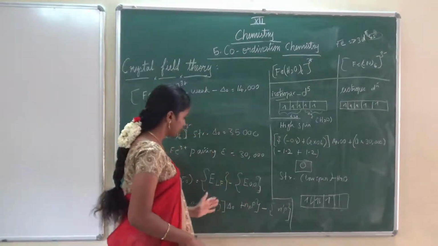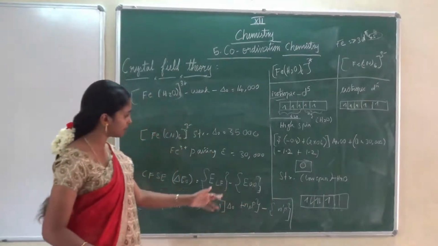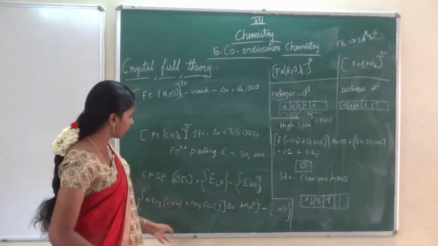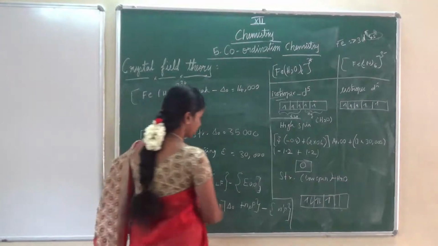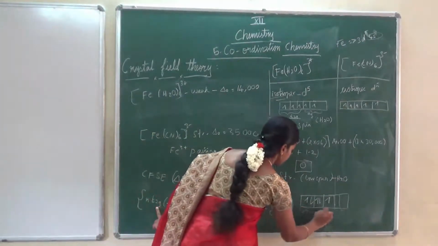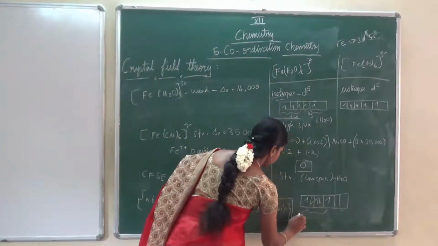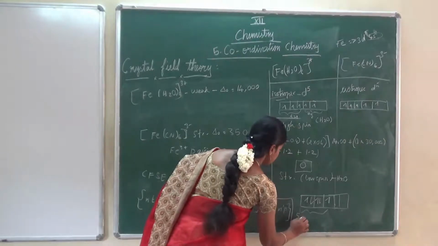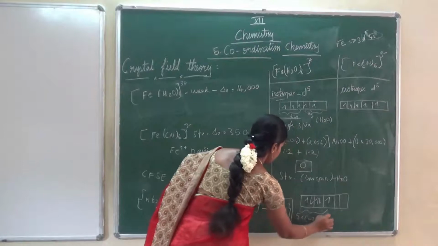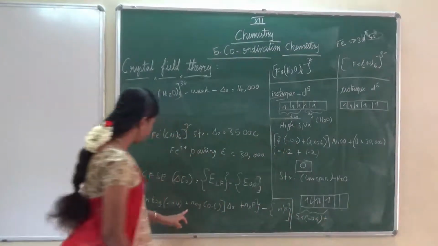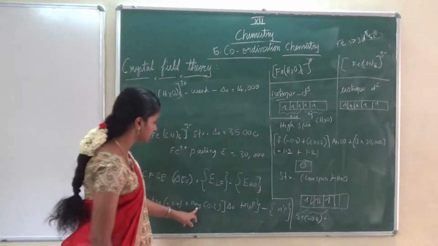Now let us apply this formula. Number of electrons in the T2G orbital: how many electrons are present now? T2G orbital 3, 4, 5, so 5 electrons. So 5 into minus 0.4, plus the number of electrons in the EG orbital.